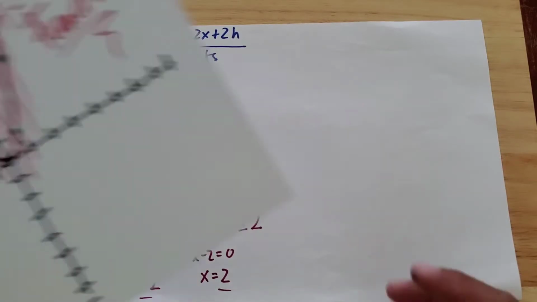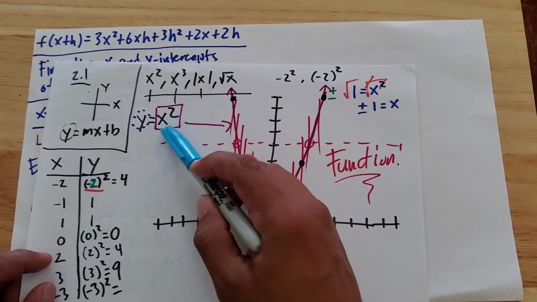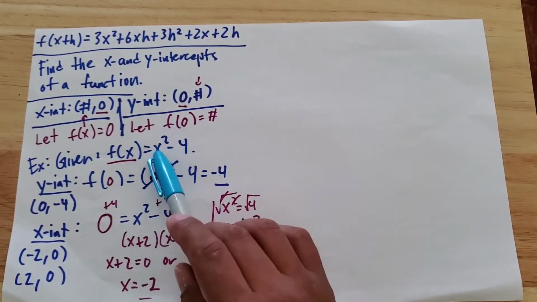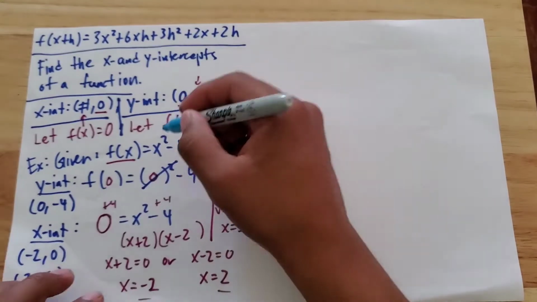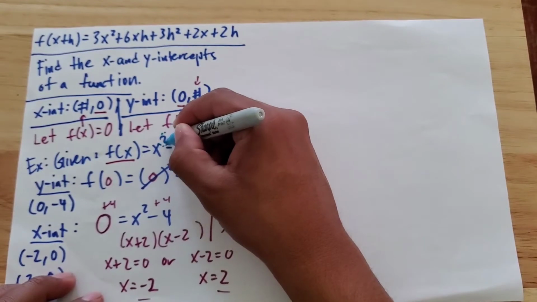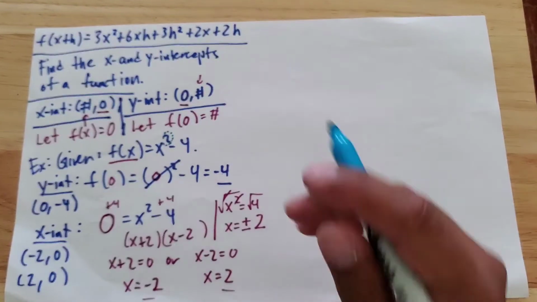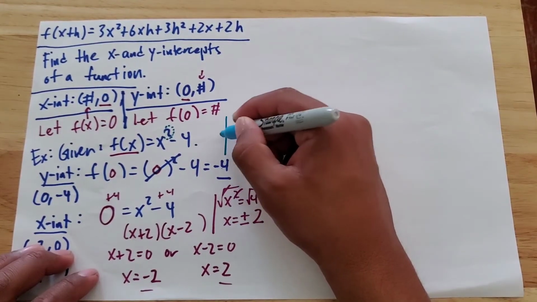Remember I said, whenever you see that x squared anywhere, I know there's more numbers attached to it, but this is the key thing to look for, because once you see that square, you automatically know that this is going to be some type of parabola.